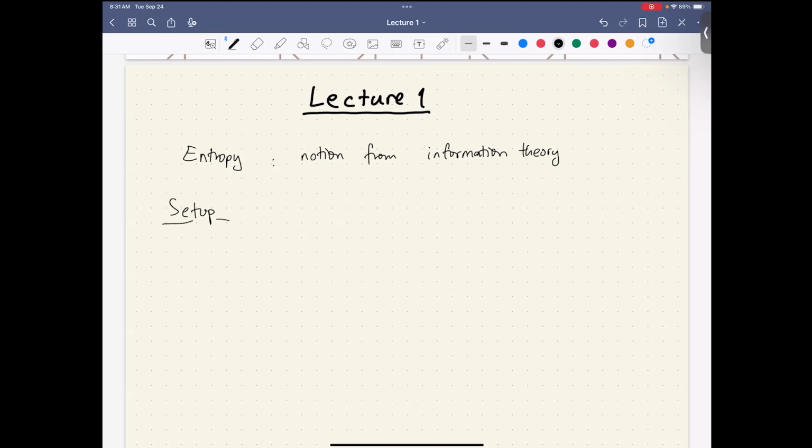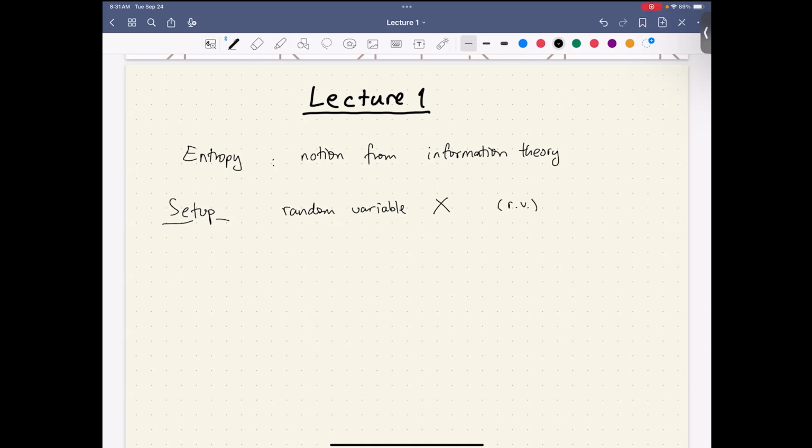We have a random variable, let's say X. And in the future, I will just use r.v. as shorthand for random variable.